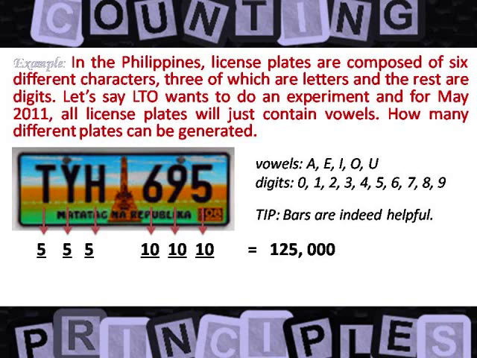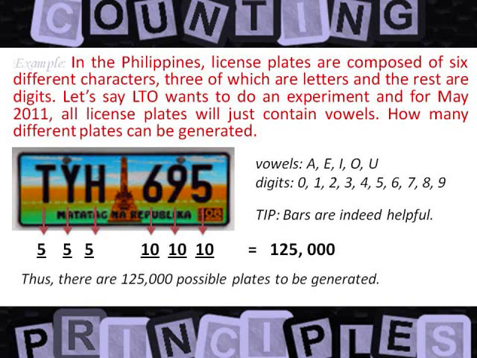Same with the fifth and the sixth. Thus, multiplying 5, 5, 5, 10, 10 and 10, we have 125,000. Thus, there are 125,000 possible plates to be generated using only vowels and digits.